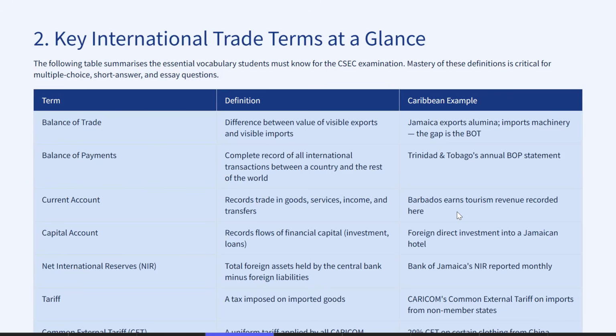It's a broader version of the balance of trade. The balance of trade just looks at the physical exports and imports. So the balance of trade, goods. The current account, goods, services, income, and transfers.